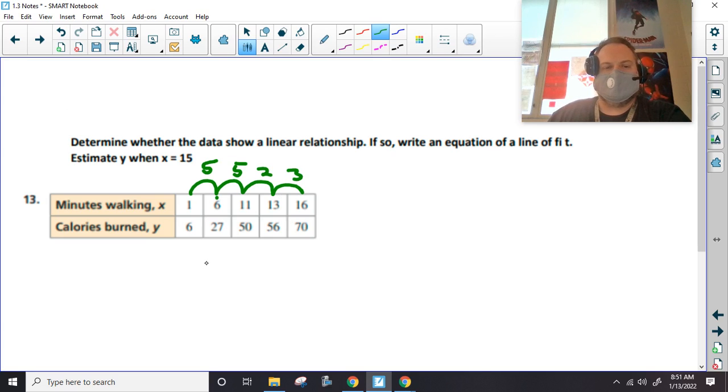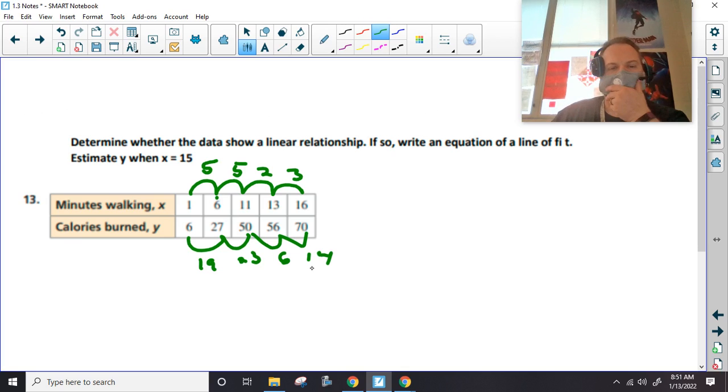That doesn't seem very fun. It is a linear thing, but it doesn't matter. This goes up by, this is 19, 23, 6, 14.